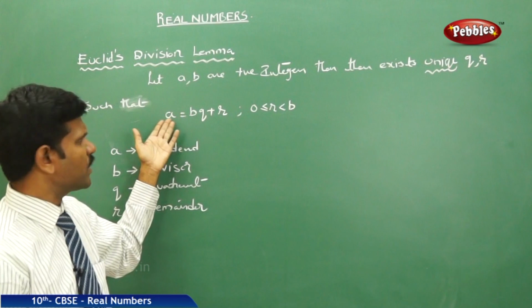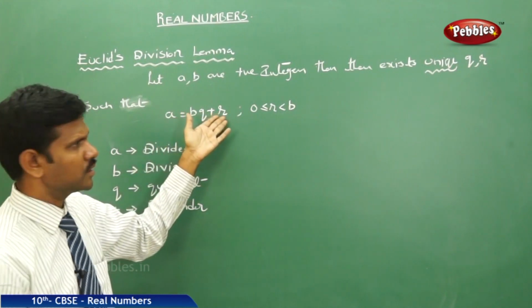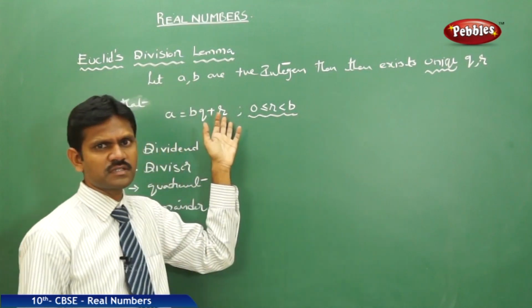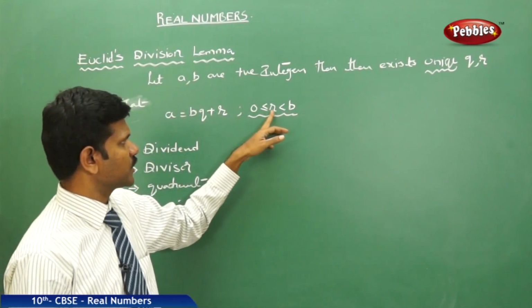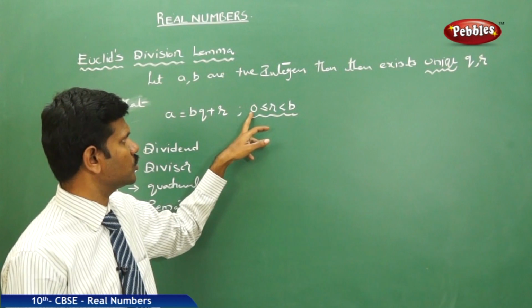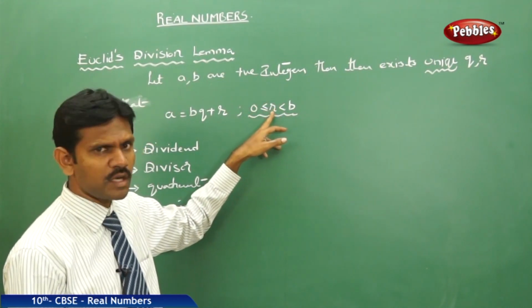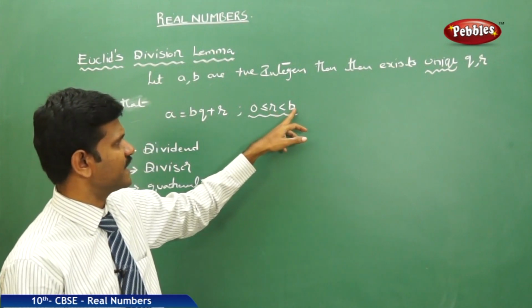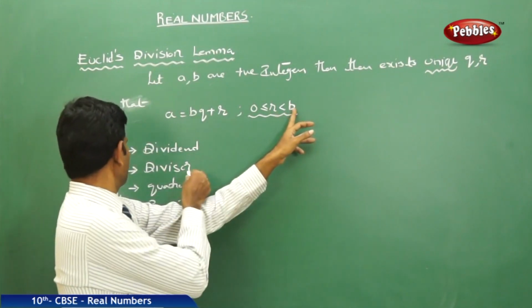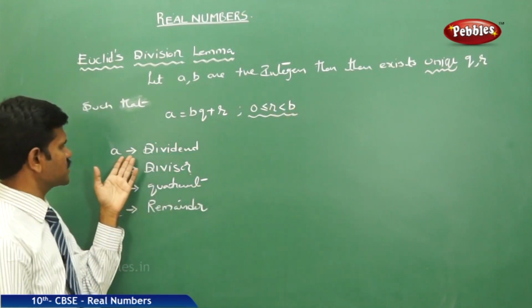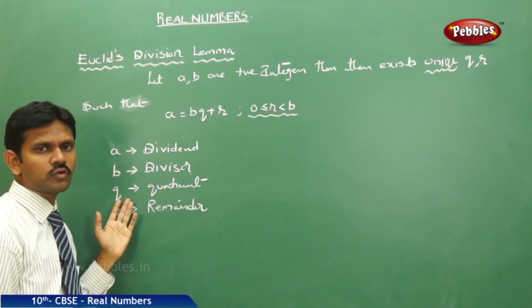They can be arranged in the form a = bq + r, and one of the most important conditions they must satisfy is that the remainder is either 0 or greater than 0, and the remainder must always be less than b. Who is b here? b is the divisor.